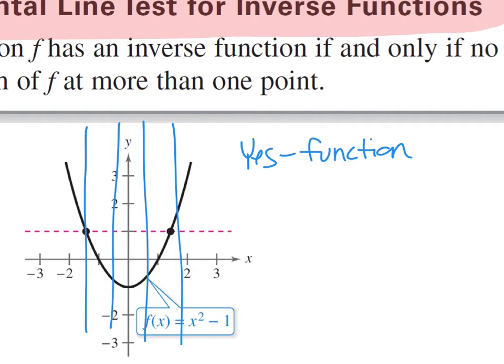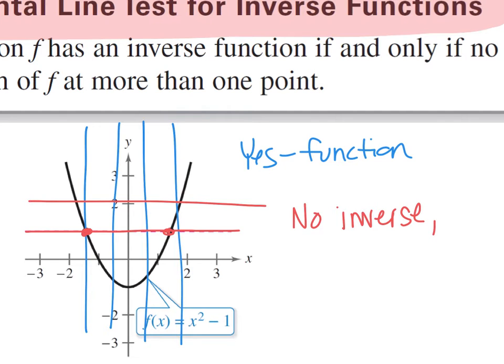However, to decide if there is an inverse function, does it have an inverse, we would look going across. We would go horizontally. And here you can see with the pink line that's drawn, it crosses at 2 points. So yes, it's a function, but there's no inverse because it's not what we call one-to-one.